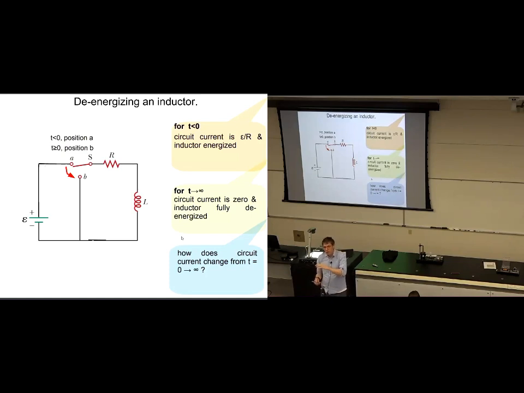So when you switch off, the inductor tries to keep going by inducing a current and energizing its own magnetic field. That's the effect of magnetic inductance. So it's going to take some time to switch off this inductor, like it took some time to switch on this inductor.